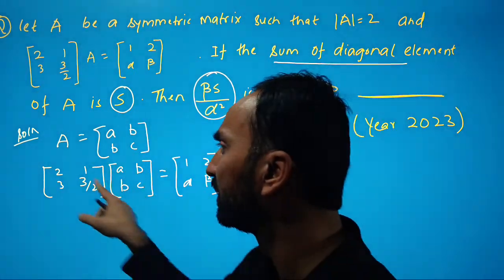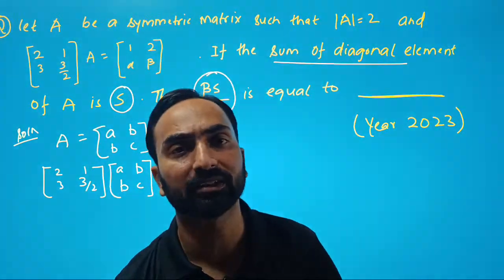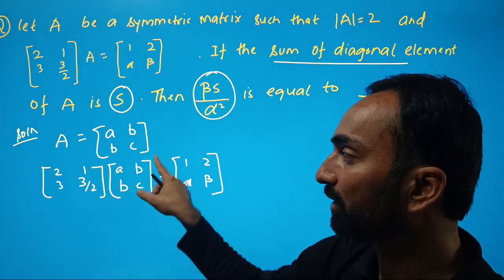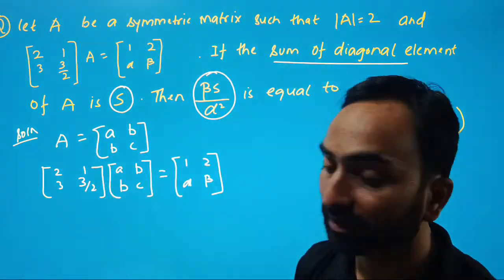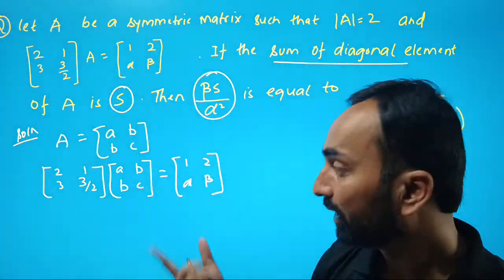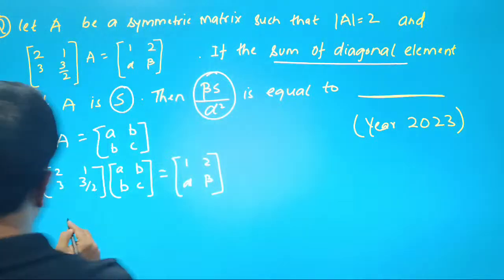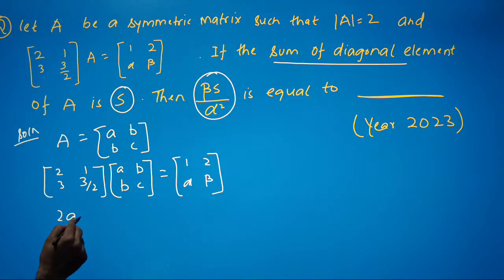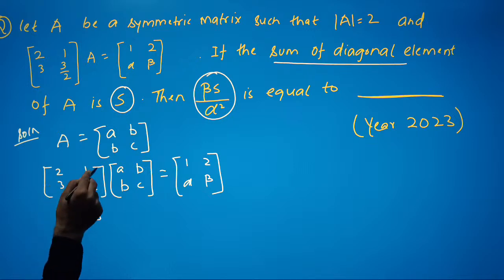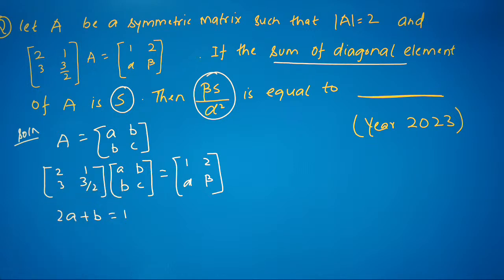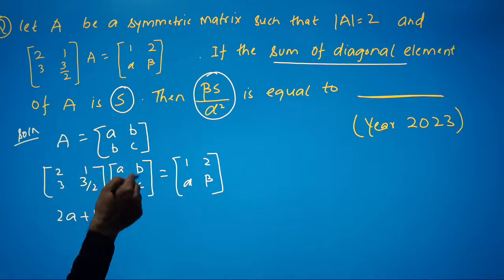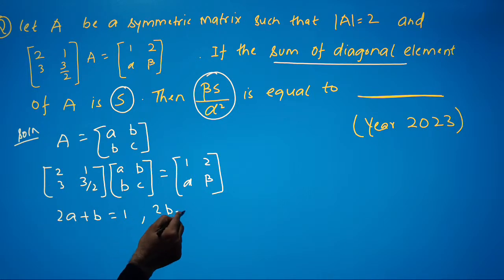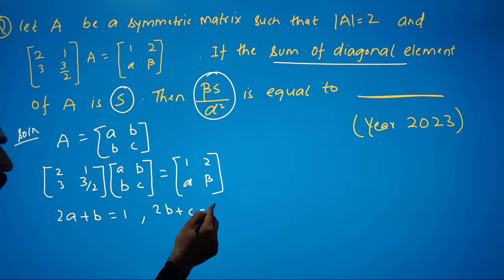Now multiply this, and we know matrix multiplication is very easy. We multiply the first row with the first column, first row with the second column, then second row with the first column, and second row with the second column. So the first row with the first column gives 2a plus b, equal to 1. First row with the second column gives 2b plus c, equal to 2.